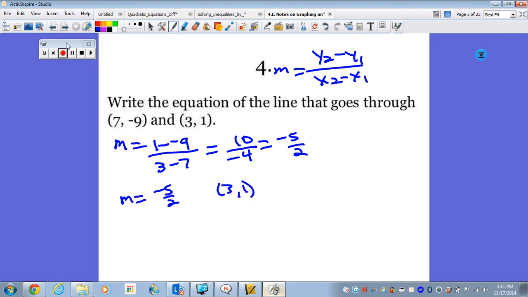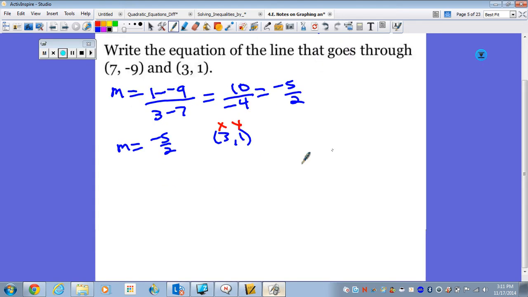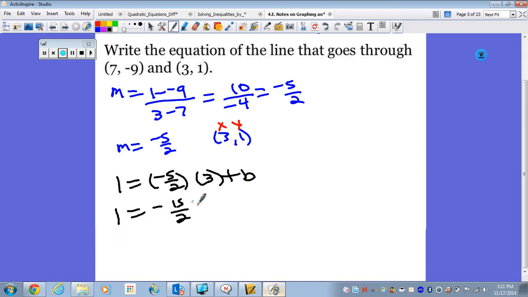And again, if you remember, this is x and this is y. I'm going to change. I'm tired of the blue. So we have 1 equals negative 5/2 times 3 plus b. So 1 equals negative 15/2 plus b.